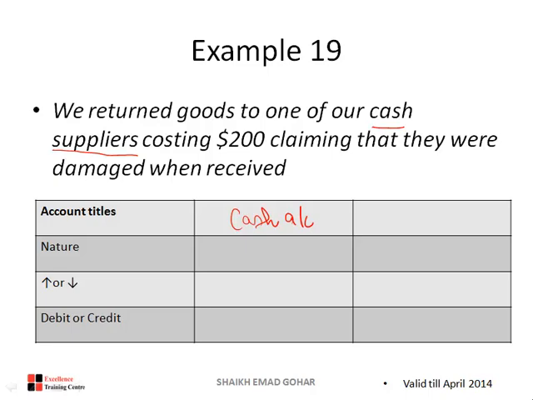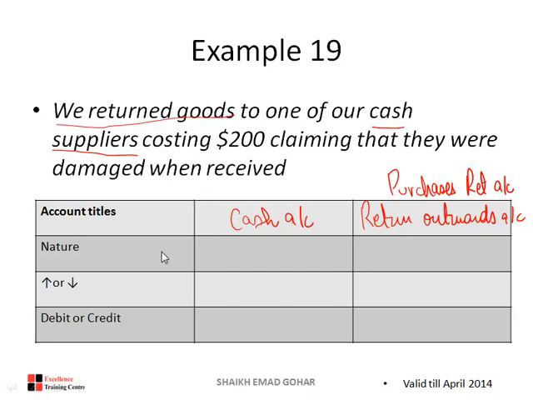So now this time I will not write trade payables but cash again, because cash is involved. And who is returning the goods? The business is returning the goods to the supplier, so these are called return outwards or purchases returned. Purchases return account. Cash is my asset.